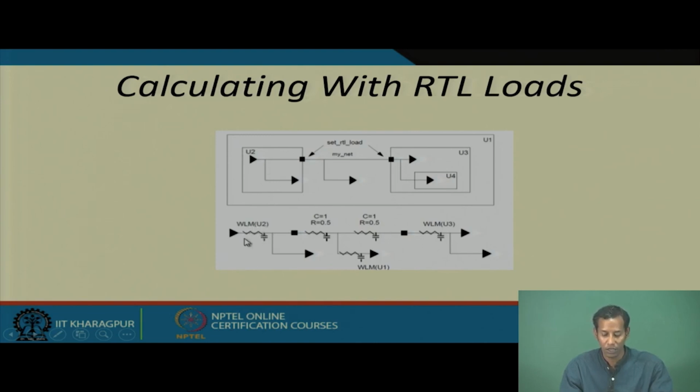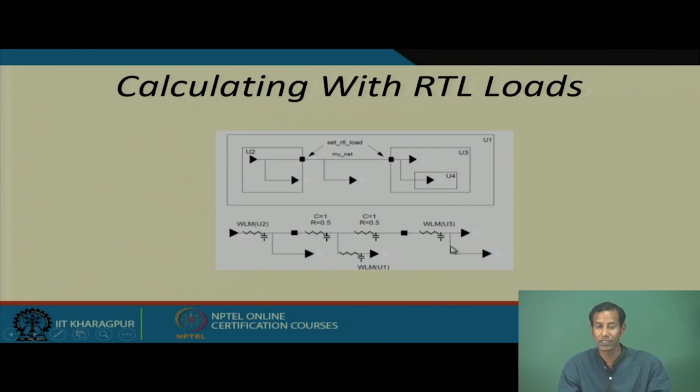This is the wire load model of U2, this is the wire load model of this particular net, which corresponds to some capacitance value as well as resistance value, then again this resistance value. Now, again it is connected with another wire load model which is going to this block U1 and then it is going to the wire load model of block U3.